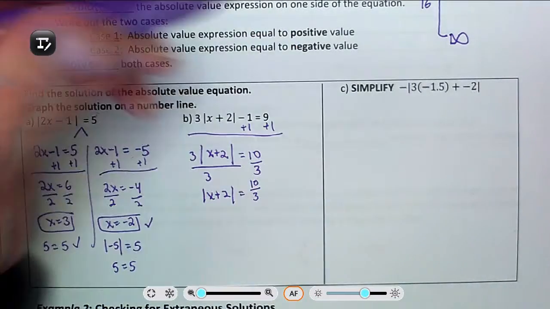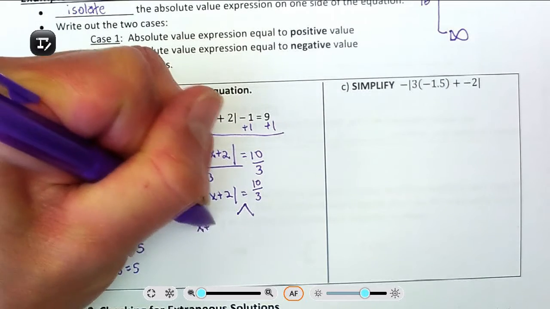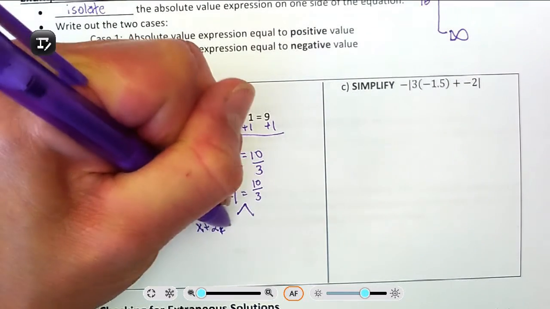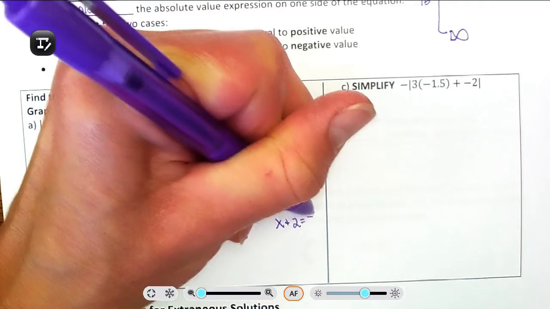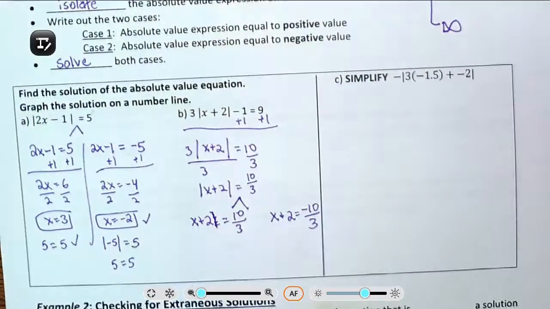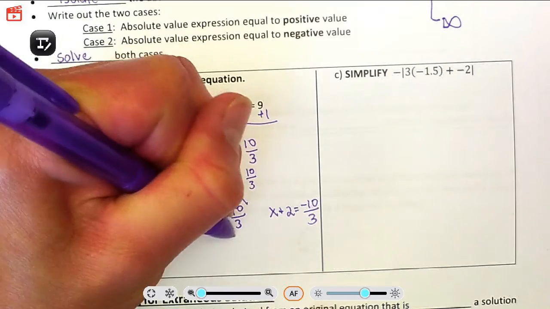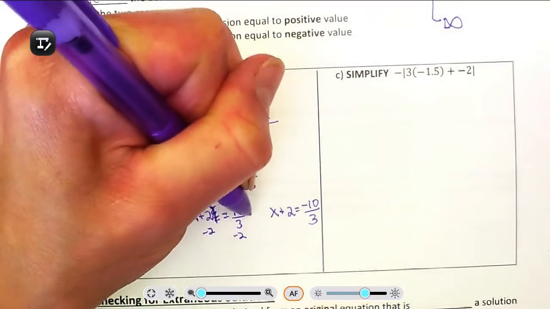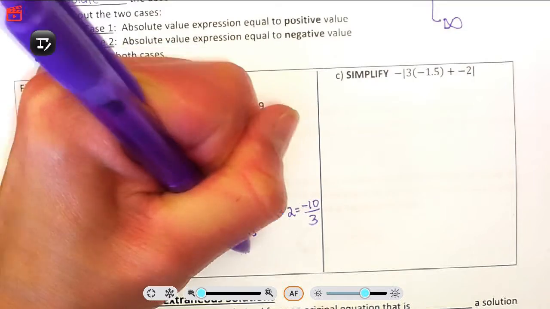All right. Take your two cases: x plus 2, no more bars, equals 10 thirds, and x plus 2 equals negative 10 thirds. All right, and solve. Subtract 2, which is the same as turning it into a fraction and getting like denominators.